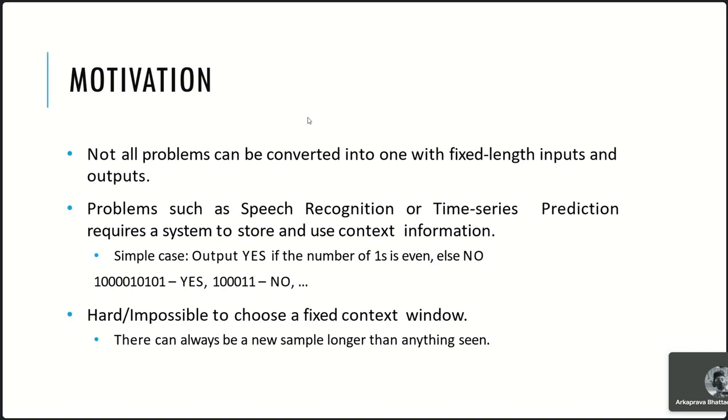Coming to the major description of RNN, why we require it is because for a normal artificial neural network, you would be having a fixed length input and a fixed length output. But in some applications, there are situations where you would be having different lengths of input and maybe one or two binary outputs.